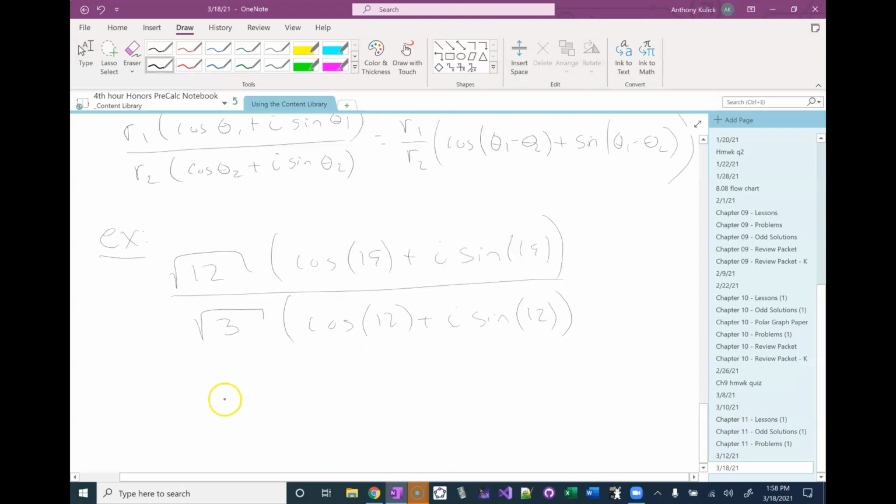So this is just going to be 2 cosine plus i sine. Done. So square root 12 divided by square root 3 is square root 4, which is just 2. And 19 minus 12 is 7.